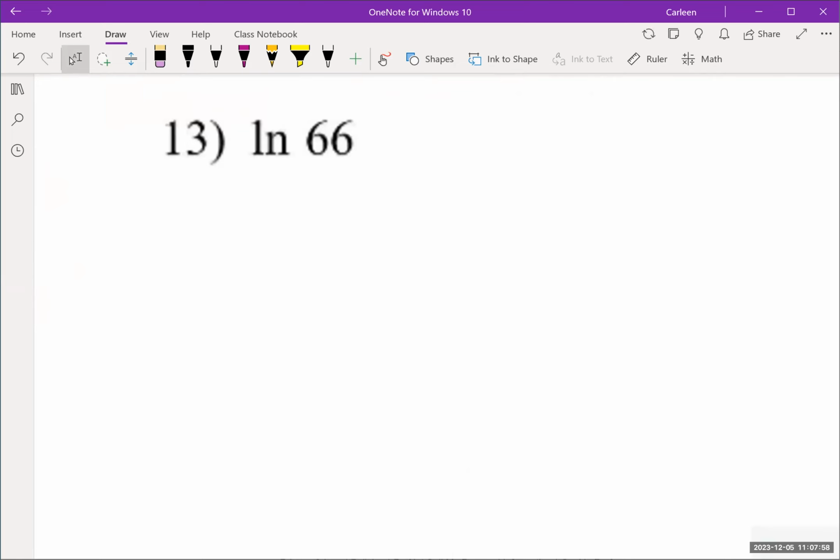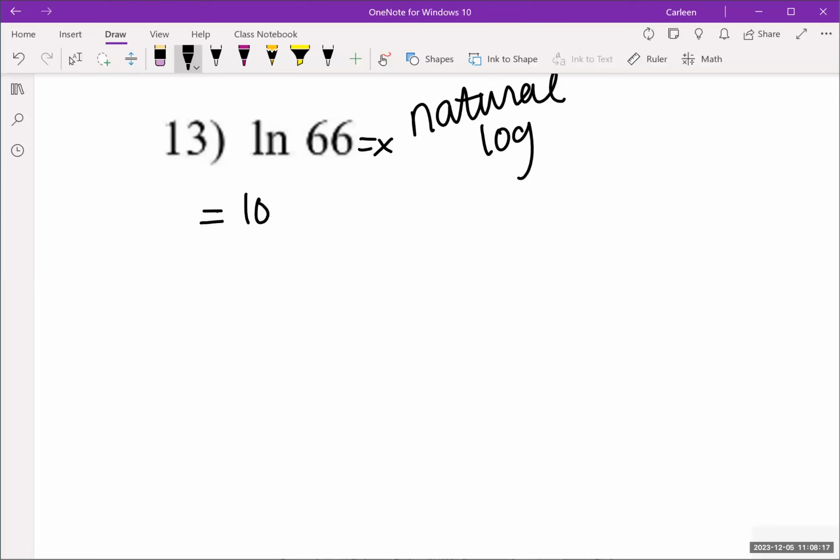Okay. Now, this is called the natural log, which is log base E. So we're going to convert it to log base E of 66.